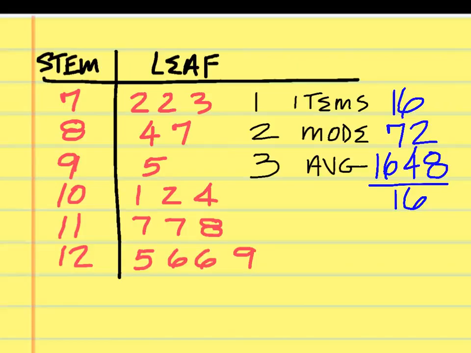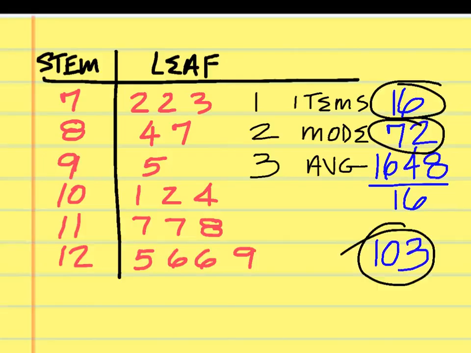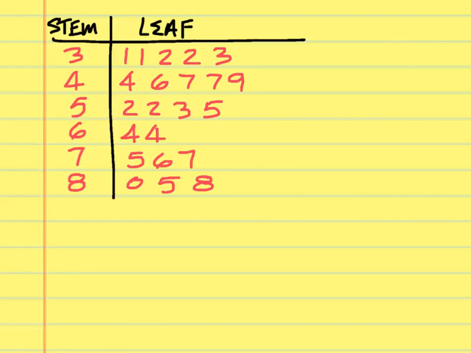So 1648 divided by 16 is 103 exactly. Alright, so that one had 2 modes, and it should have had 3 modes, and it should have also had 126 and 117 as well.